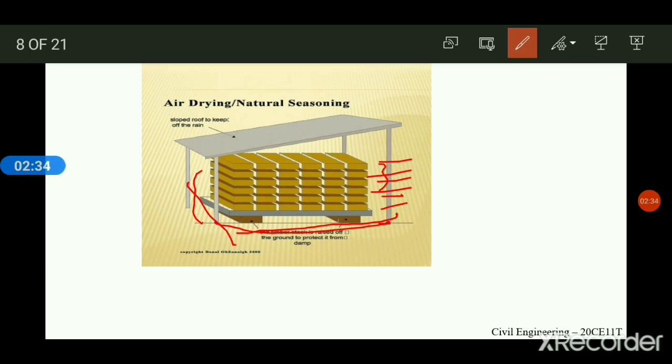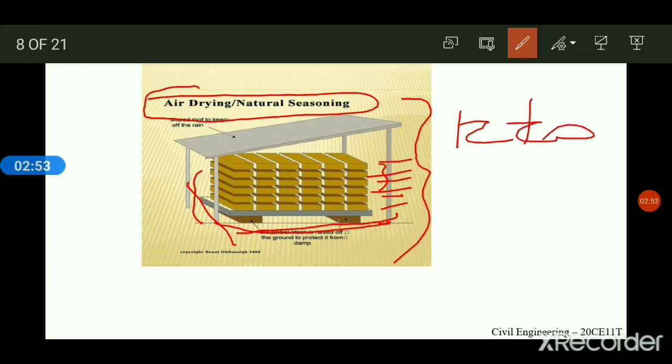The rate of drying is obviously slow, and in air seasoning, that is natural seasoning, the moisture content of the wood reduces to 12 to 15%. So I'll explain once again.